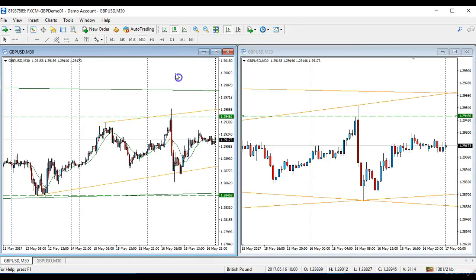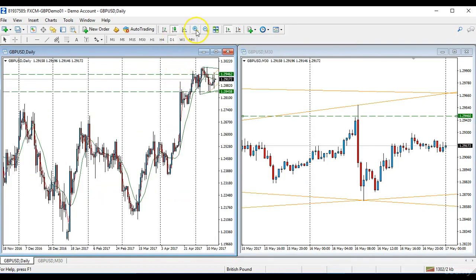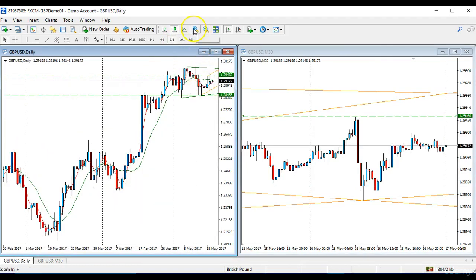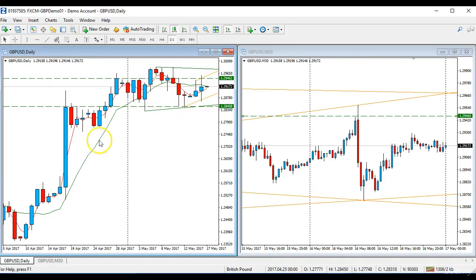But what this also tells me, if I go back to the daily chart, is that there's not a lot of momentum in the market. If you remember, in an earlier video I talked about how I use this moving average.